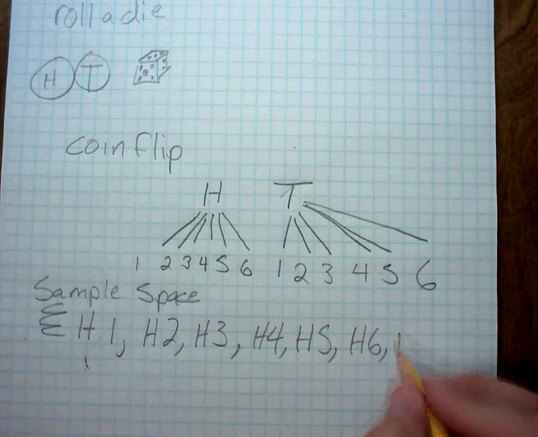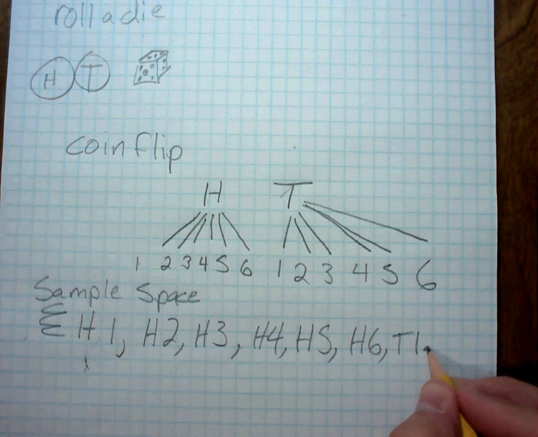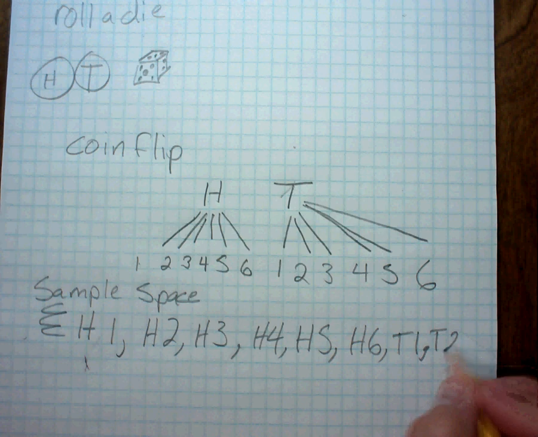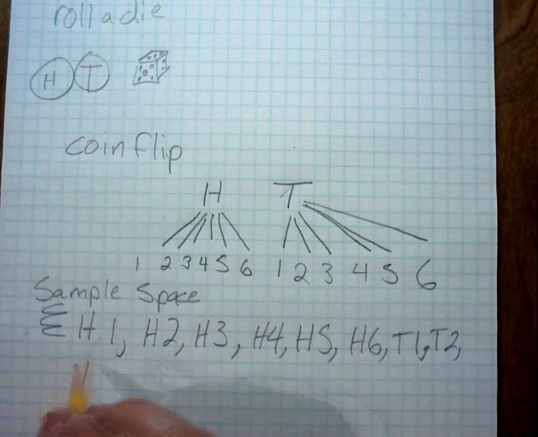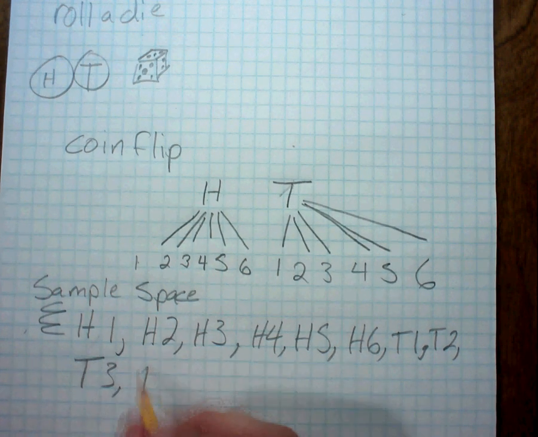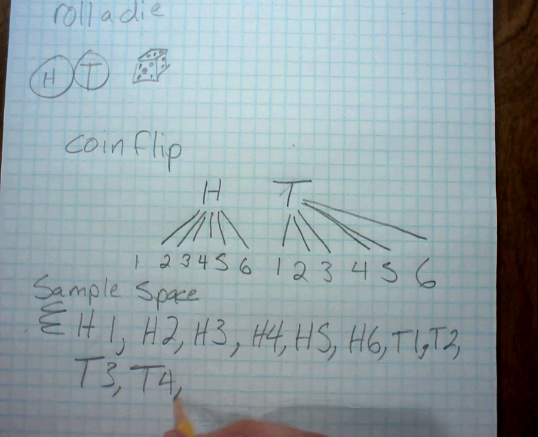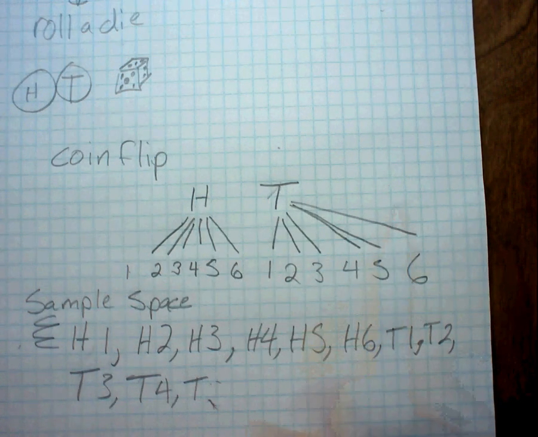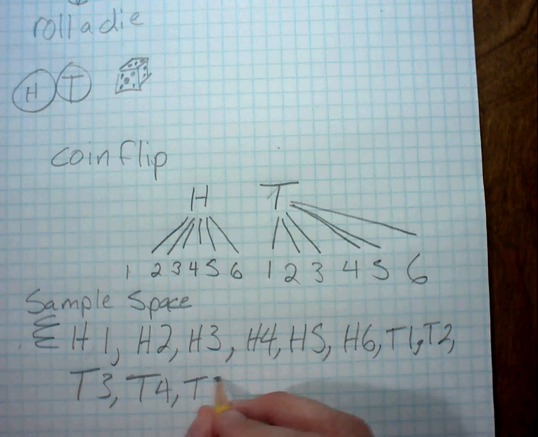I could get tails, roll a 1, and then tails, roll a 2. Tails, roll a 3. Tails, roll a 4. Tails, and then roll a 5. And then tails, and then roll a 6.